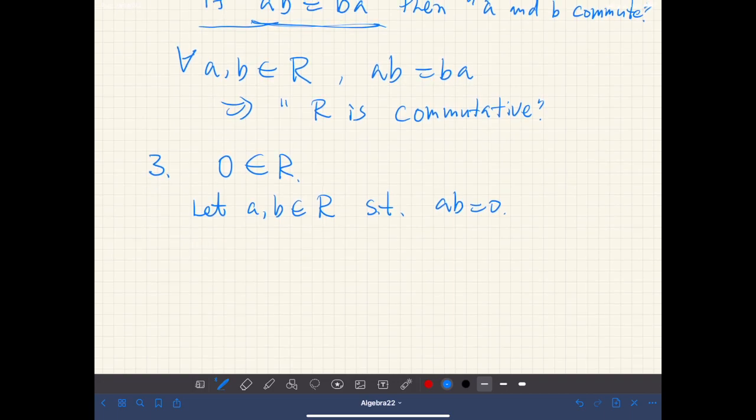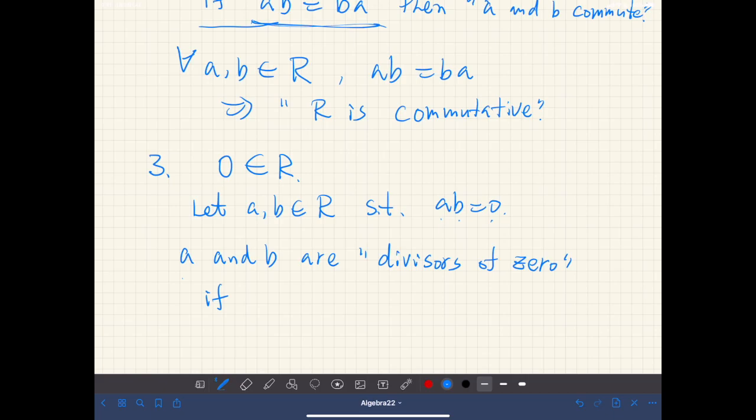Then a and b are called divisors of 0. So if a times b is equal to 0, a and b are divisors of 0.